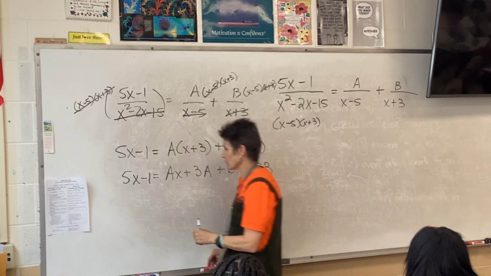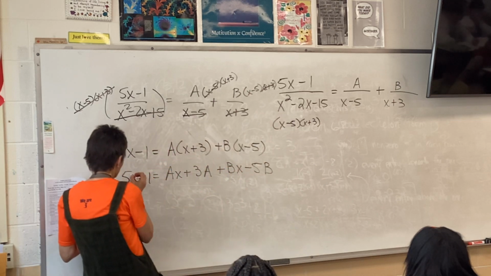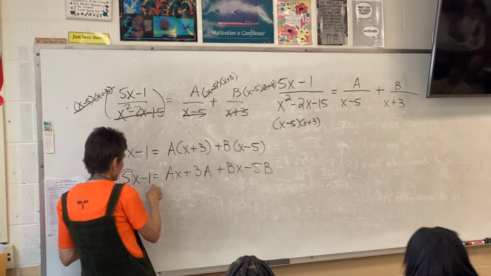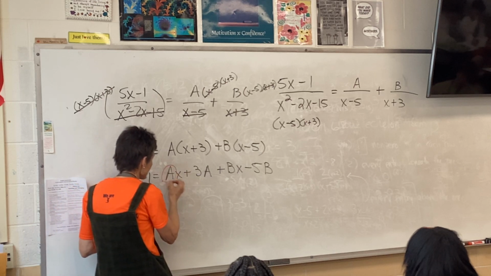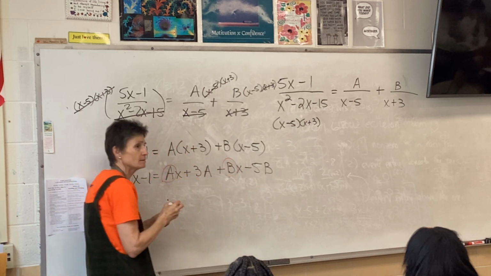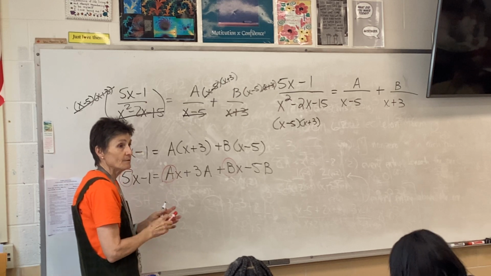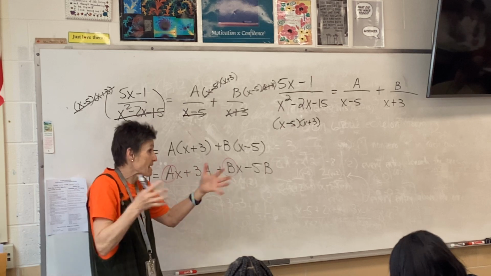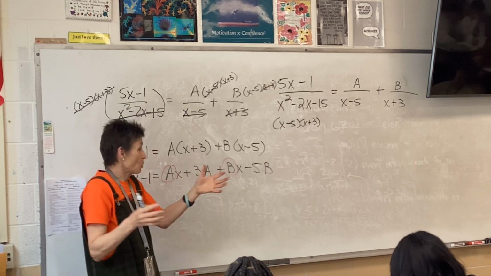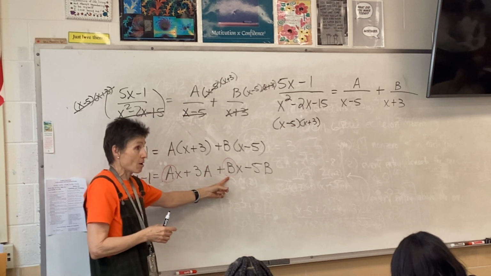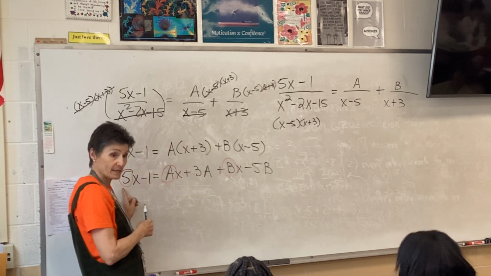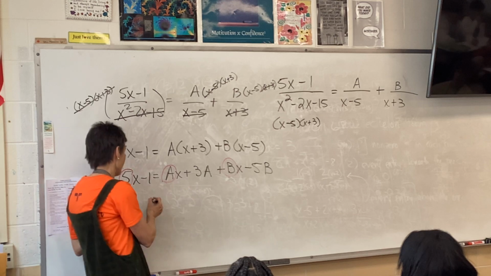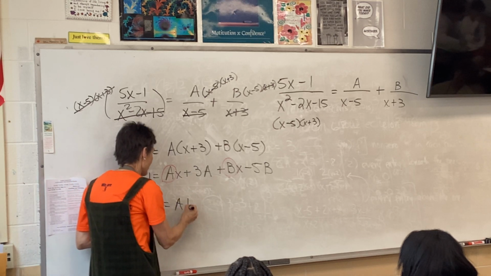So in other words, this has to equal this plus this. There, it's an equation. So they ultimately have to be the same on both sides. So whatever A and B are, they would need to add up to give you 5. Does that make sense? So 5 equals A plus B.